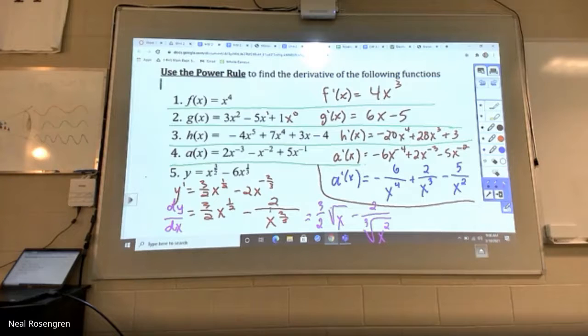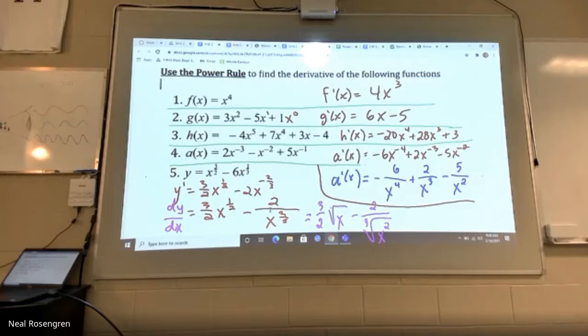notation to write your derivatives, especially when they're y equals, as the derivative of y with respect to x. Okay, the derivative of y with respect to x, also known as dy dx. I don't even say over. Dy dx. It is a notation that is not really division.